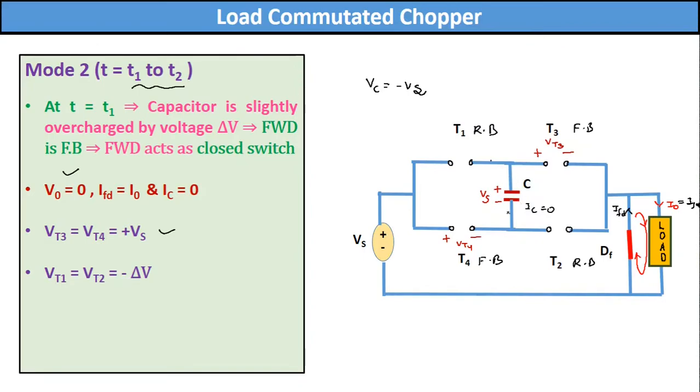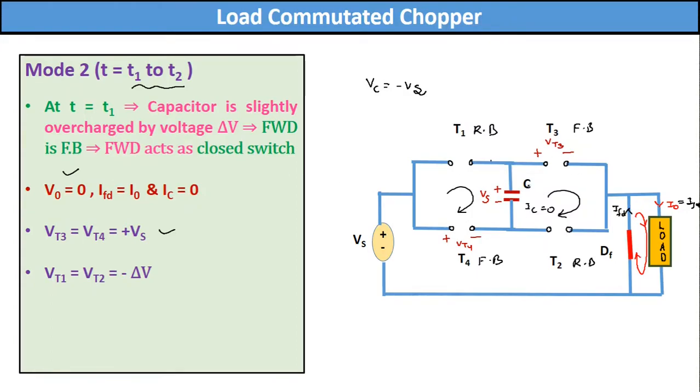Because of the capacitor voltage, T3 and T4 are forward biased, so the voltage across them will be equal to plus Vs. When we apply KVL in these loops, we get this voltage.